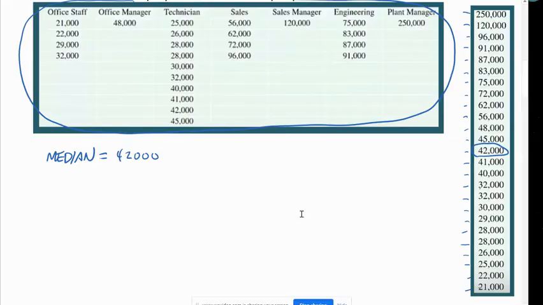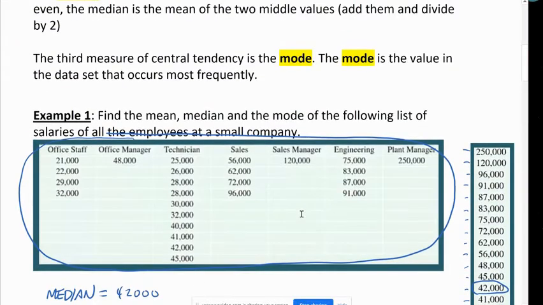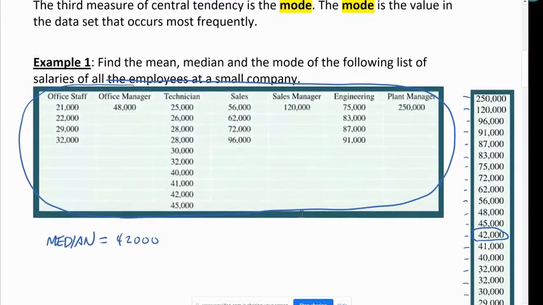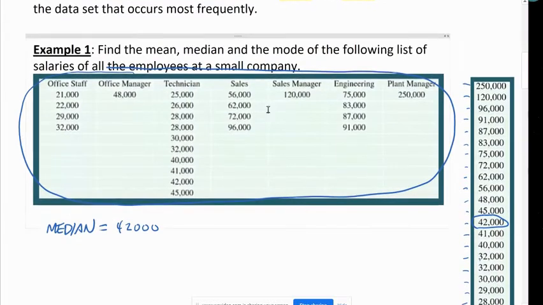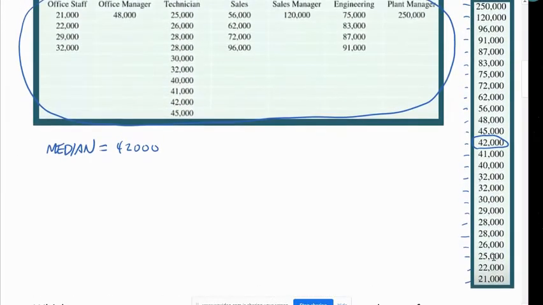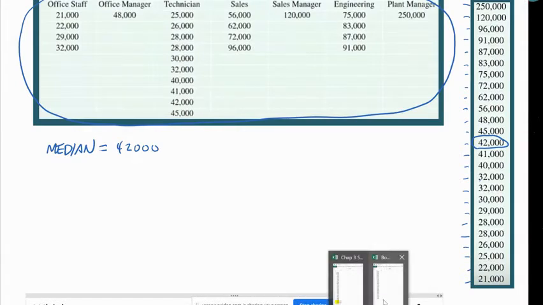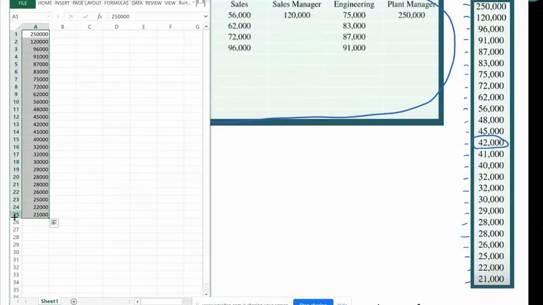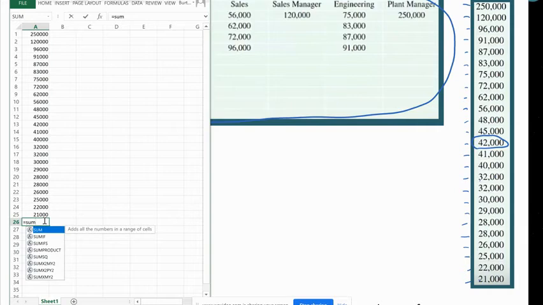Back to our example. So it says find the mean, median, and mode. So we found the median. To find the mean, we just need to add all these values and then divide by 25 because there are 25 items. And so back to my Excel sheet, if I just go underneath the list and I type equals, every time you want to do some kind of a formula, you just type equals, and we'll type the word sum, parentheses, and now it's going to sum all the values that I drag across.